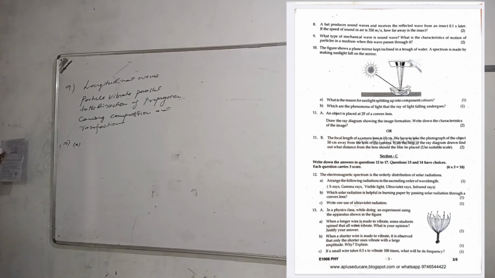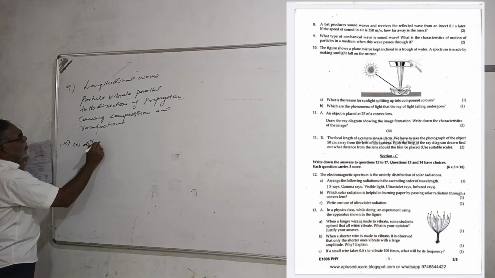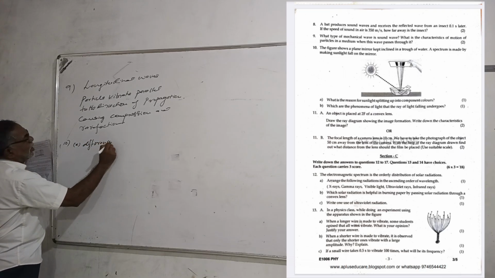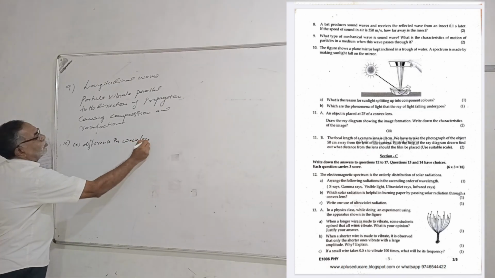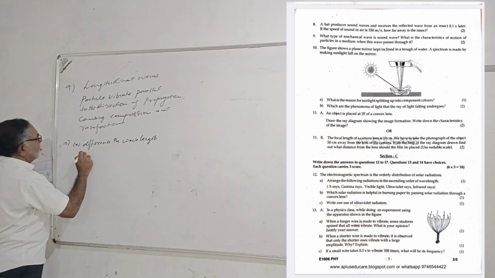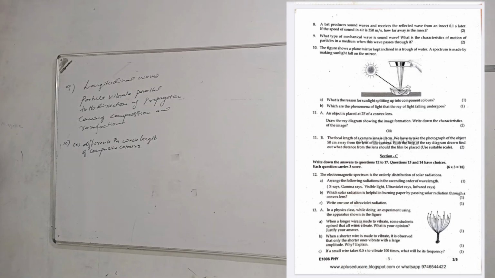It is the difference in wavelength of the component colors.